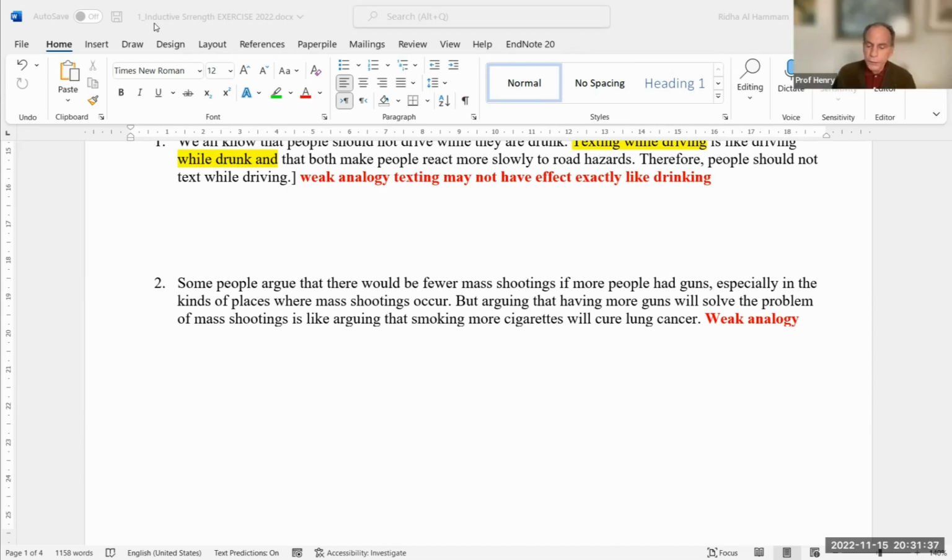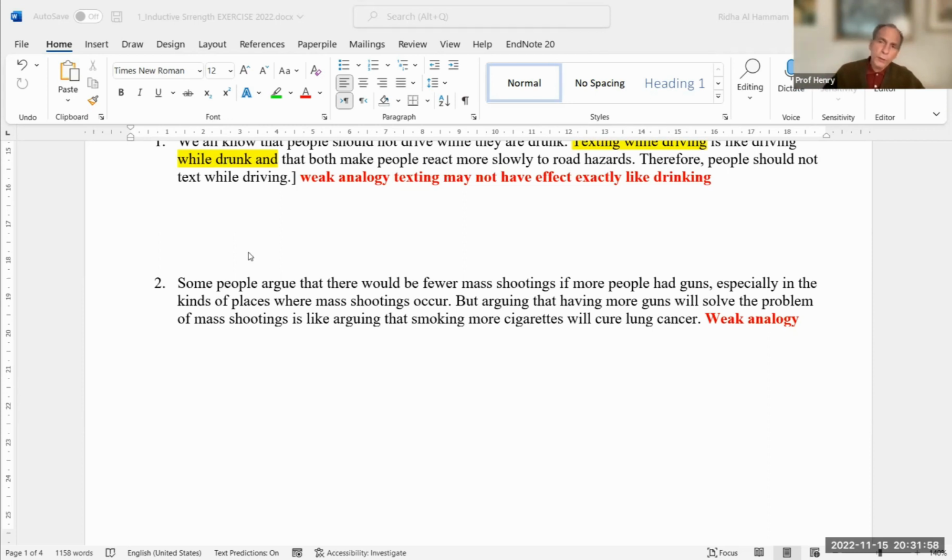Yeah, right. I like the way you said it. The cause and effect is different because, as you said, with the guns you're involving a lot of other factors about society that could make the cause and effect either work or not work.